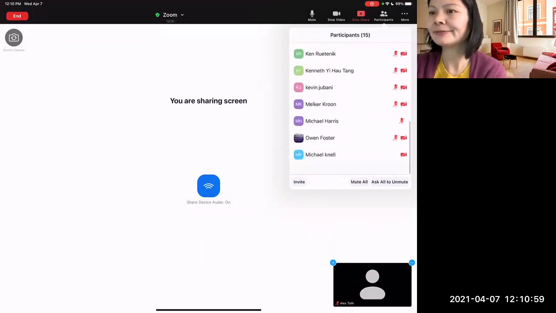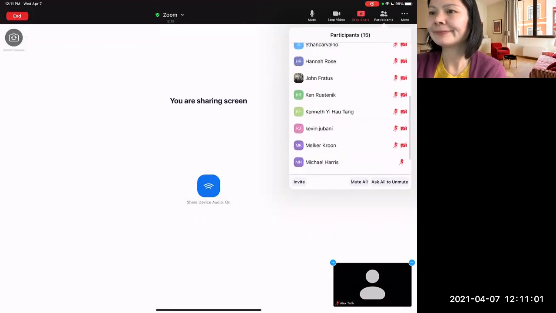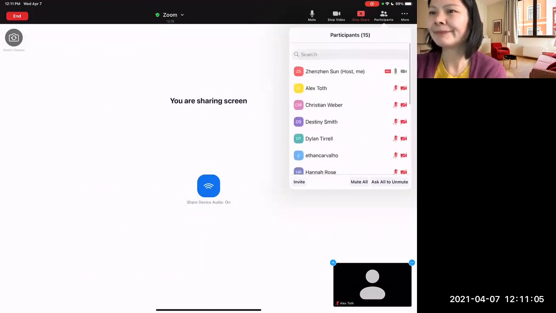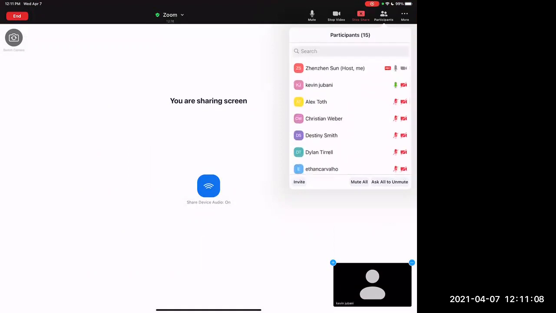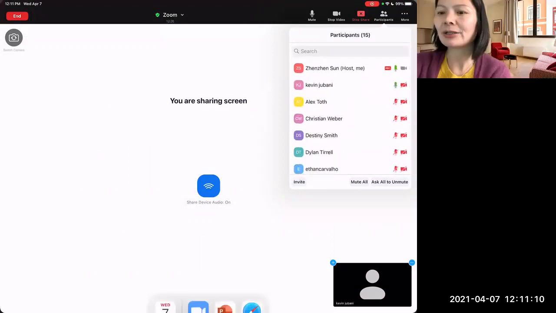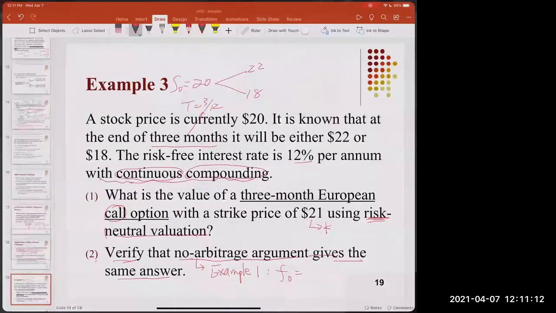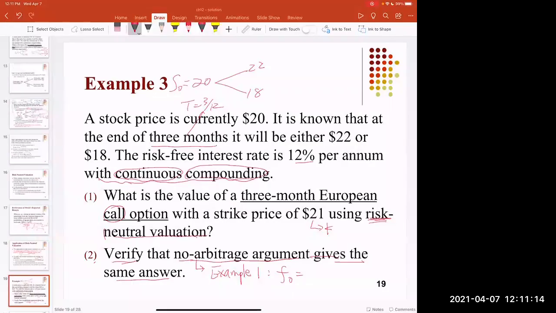Anybody know? Kevin? What was the question? Sorry. The question is, last class we talked about example 1. Can you find your note and see what's the answer for example 1?